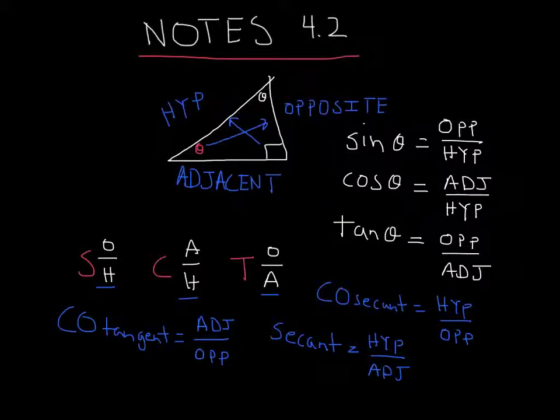Now, the way I memorize these is that each pair has the word co in it. So notice that. You have sine, and which one is the reciprocal of the sine? The cosecant. Notice, you have one co in that pair. You have sine and cosecant. All right, what's the next pair? You have cosine.